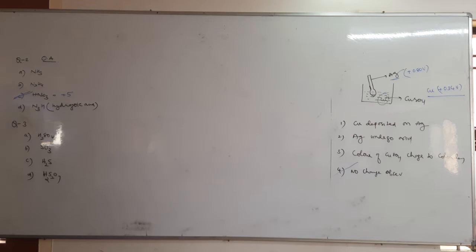So again you have to calculate the oxidation state. Tell me, in which compound does sulfur have the minimum oxidation state? The minimum comes in H2S, that is -2. Therefore, in the minimum oxidation state it is a reducing agent, and in the maximum it is an oxidizing agent.